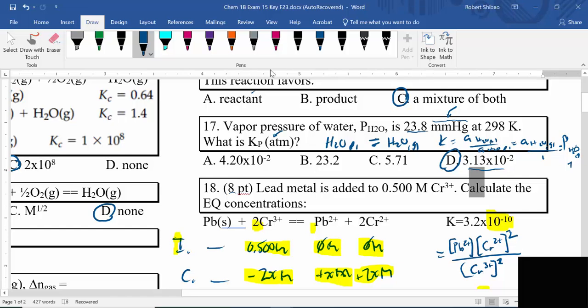So all we have to do is convert that into atmospheres using this. How many millimeters of mercury are there in one atmosphere? 760. So if you had forgotten that conversion factor, I probably would have given it to you in the test. 760 millimeters of mercury per atmosphere. That gives us that.